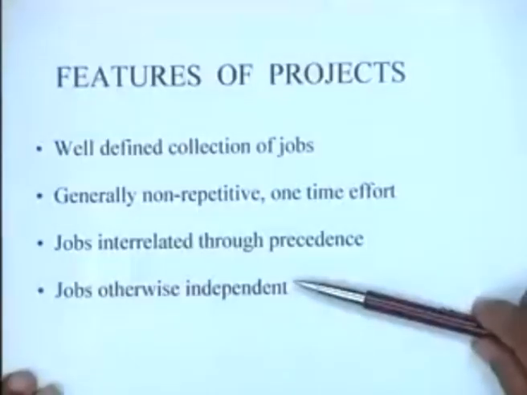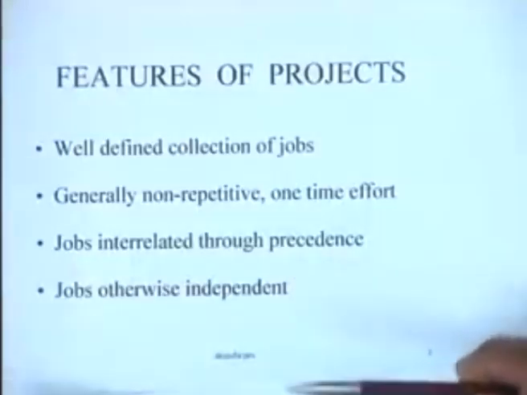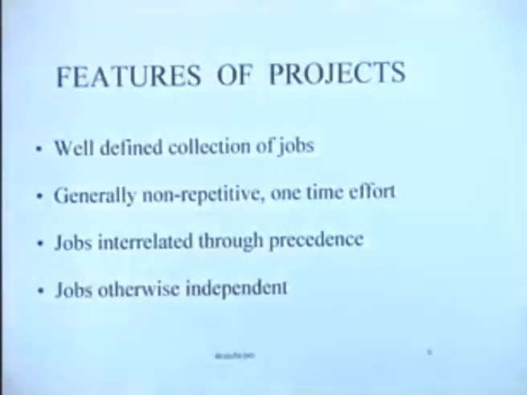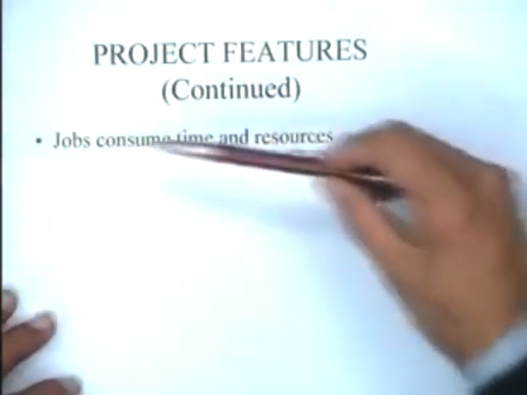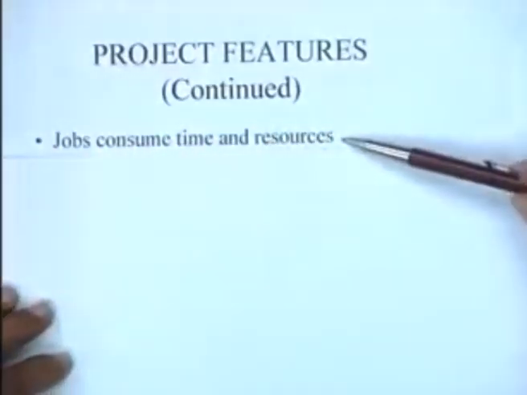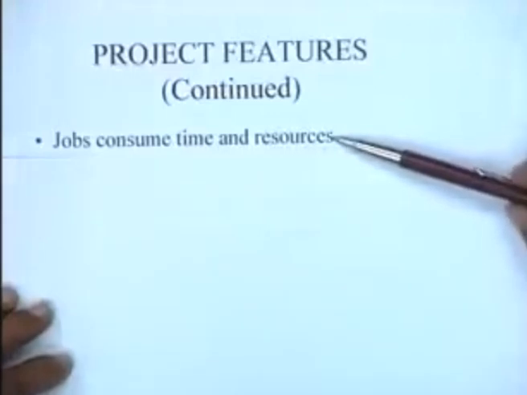There is no time lag which is definitely required. So in that sense, there is an independence of jobs. Apart from these features, the individual jobs consume both time and resources. This is important to mention.